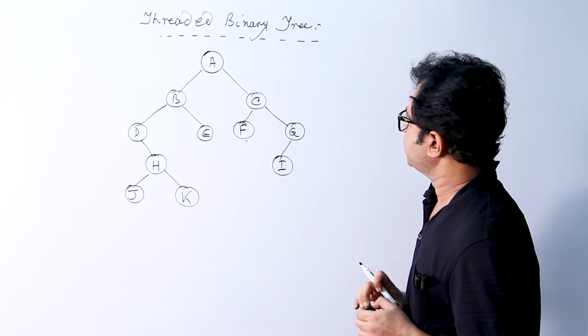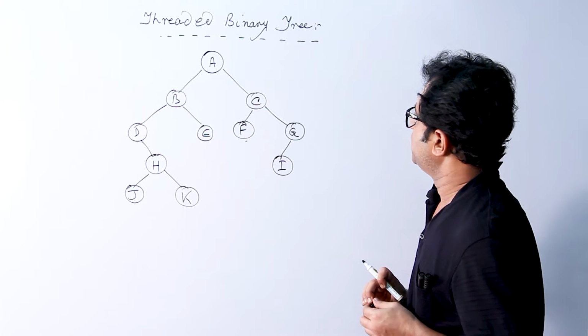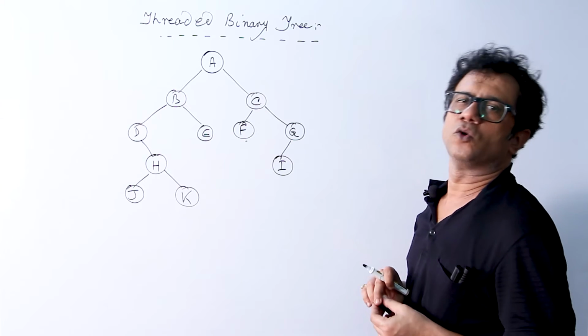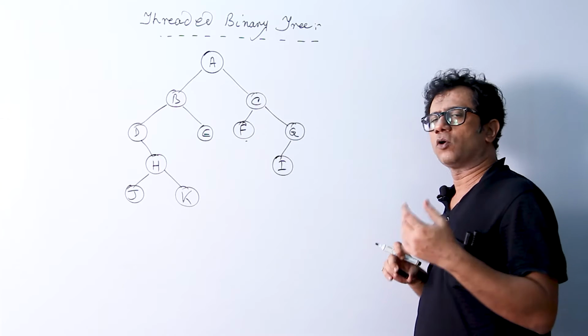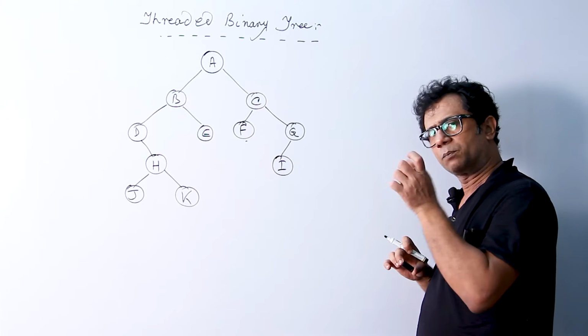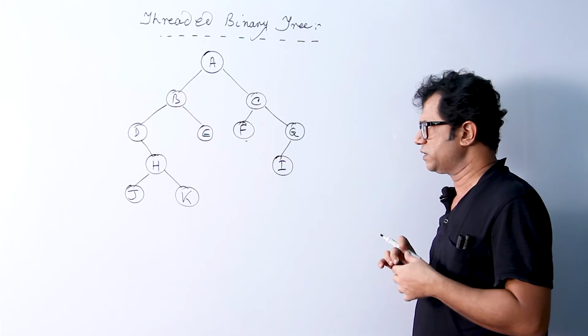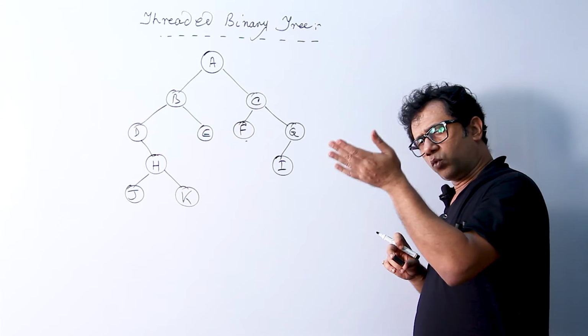So, what is the inorder predecessor and inorder successor? The inorder predecessor is nothing but the node which comes before that particular node in the inorder traversal sequence.